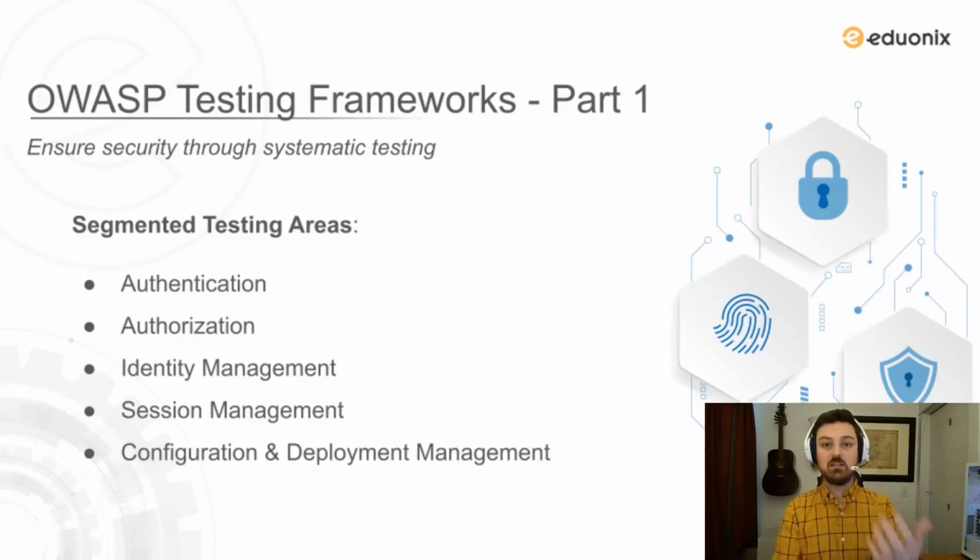And it's really creating this segmentation within your system to separate what you're actually testing. So what can you test? What components are involved? It's kind of like an asset inventory for your testing, right?